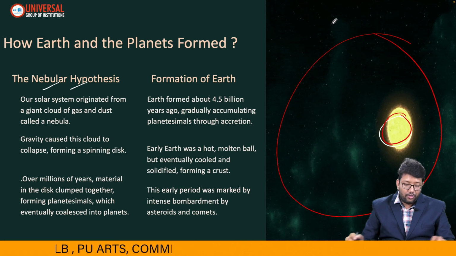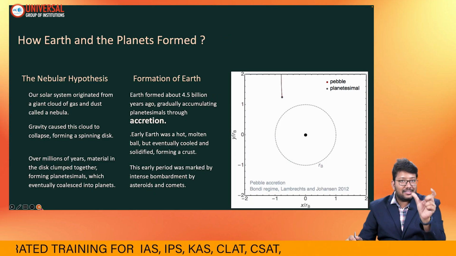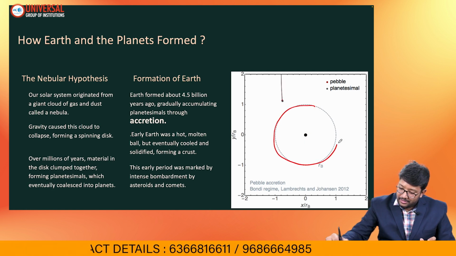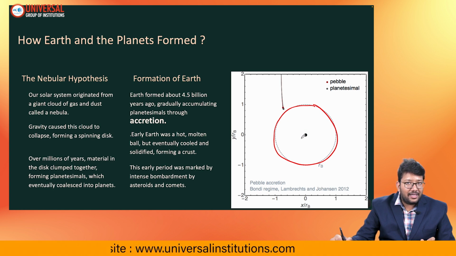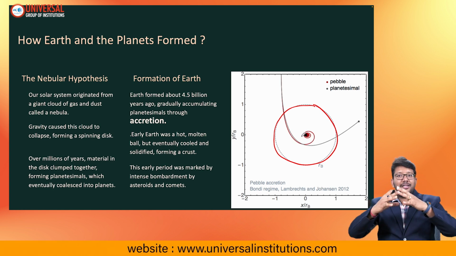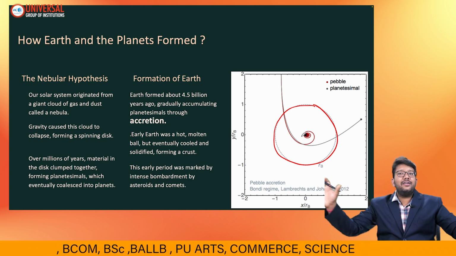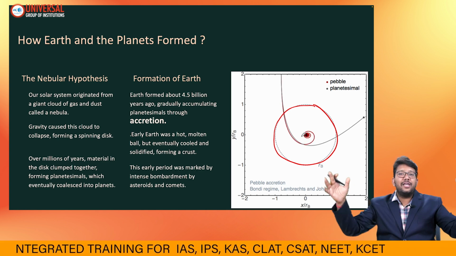Over millions of years, this disk of material has been clumped together. Clumped together means that the particles exploded, so the debris is lying around in space. There is no friction, no air, nothing, so it keeps going.